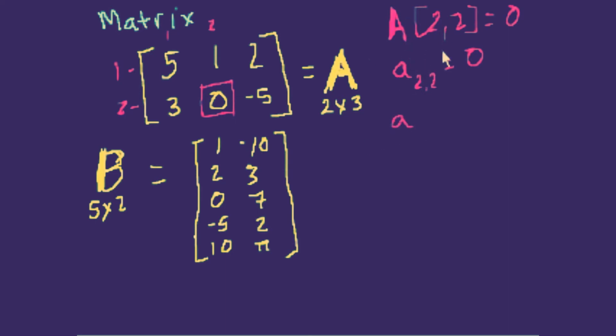I'm just doing this to expose you to the notation, because a lot of this really is just notation. So what is A 1, 3? Well, that means we're in the first row and the third column. First row, 1, 2, 3. It's this value right here. So that equals 2. So this is just all the notation of what a matrix is.